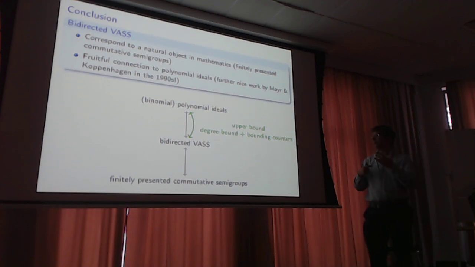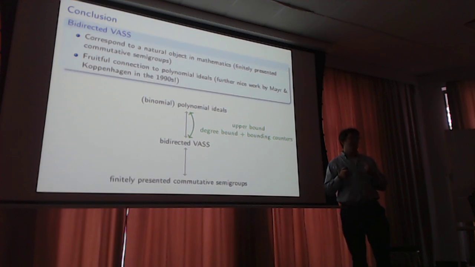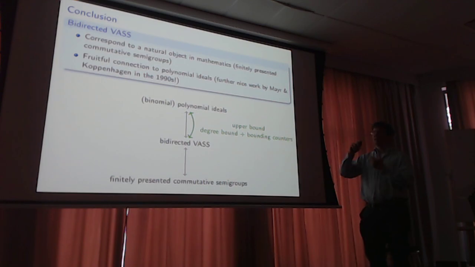And so they can apply techniques about fields, and that way get a doubly exponential degree bound. So they show that if there is a solution, then there's a solution with doubly exponential degrees. And from that point on, it's just linear equations.